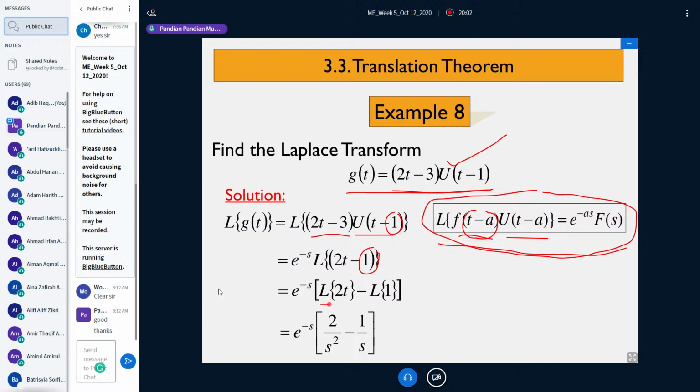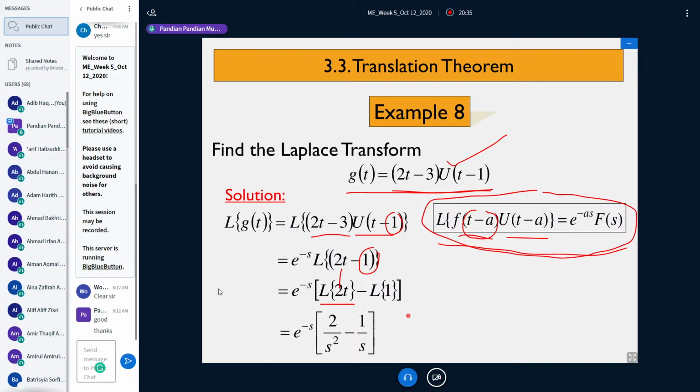For this one you can use what we call the distributive law: Laplace of a plus b is Laplace of a plus Laplace of b.